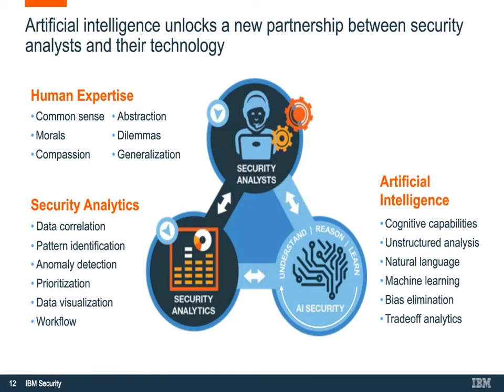Being able to layer in machine learning and cross-correlate things in ways that humans can't do very, very quickly. So when you bridge all those things together and bring them together, AI can play a big role in the security operations environment to do this.